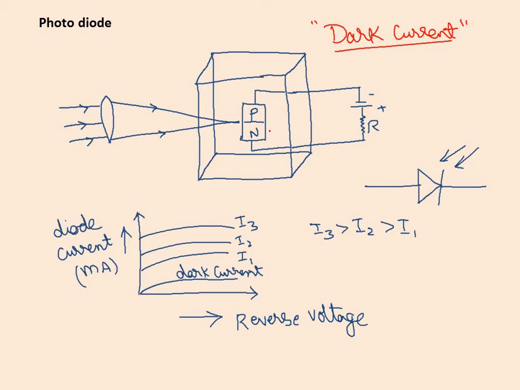This dark current is proportional to the concentration of minority carriers, which are holes in the case of N type and electrons in the case of P type. Don't confuse here, I am speaking about minority charge carriers. We represent this dark current as I suffix D. Are we clear with this? Anyway, majority charge carriers are not allowed to cross the junction barrier under this reverse bias situation. That's obvious, isn't it?